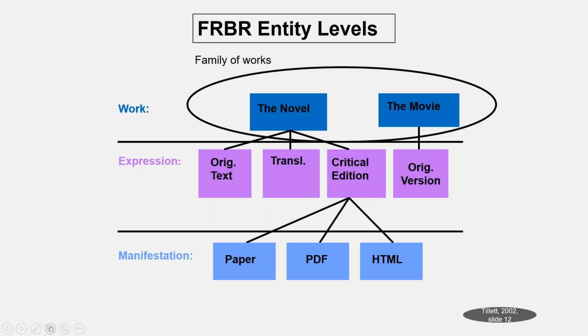The manifestation is where it's written on paper or a PDF or HTML, or if it's coming from the movie, it would be a DVD or VHS or whatever other formats movies come in. And then the item itself is what you're touching when you're cataloging. That's what you're holding in your hand. That's what you are cataloging. Does that help? Yes. Okay.